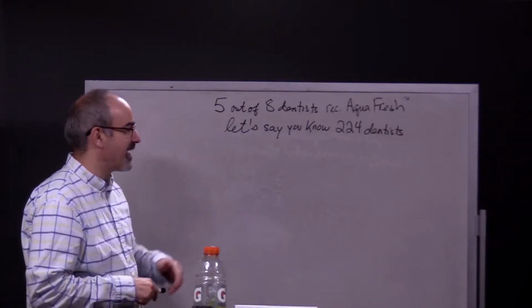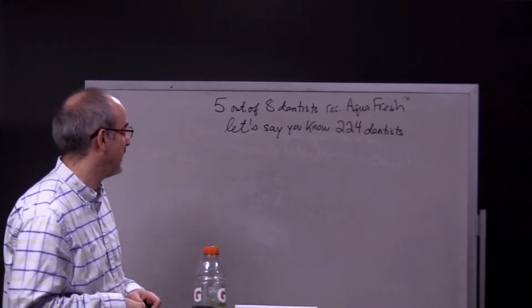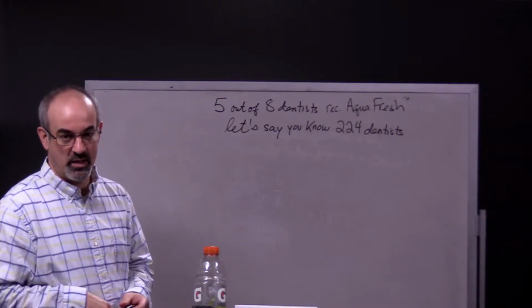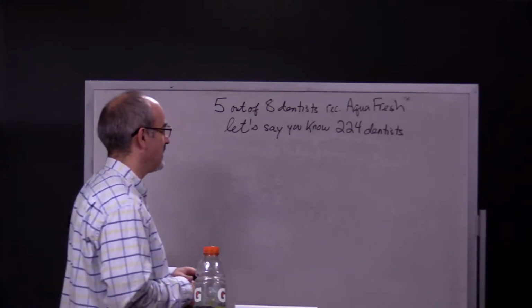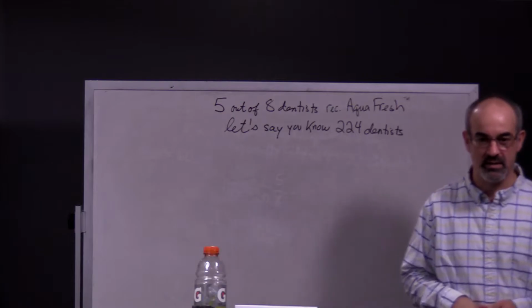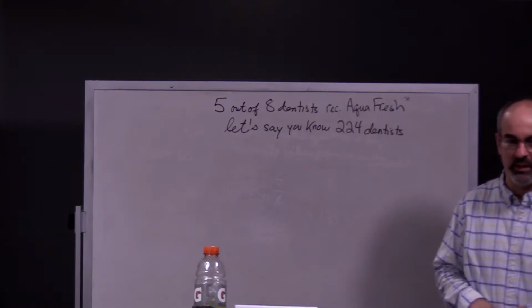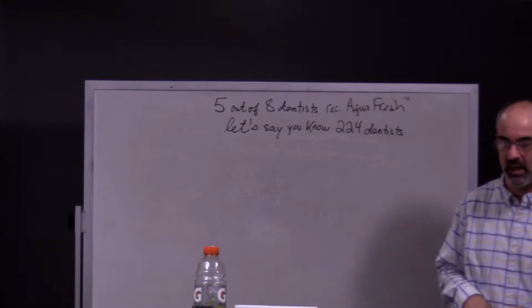How many of the dentists you know probably would recommend Aquafresh? So if 5 out of every 8 dentists recommend Aquafresh, and you know 224 dentists, how many of them probably recommend it?